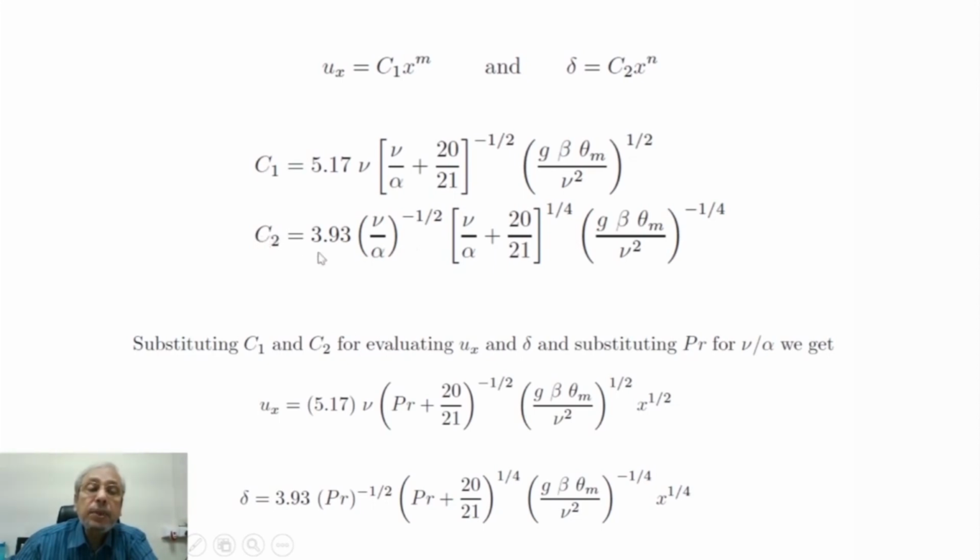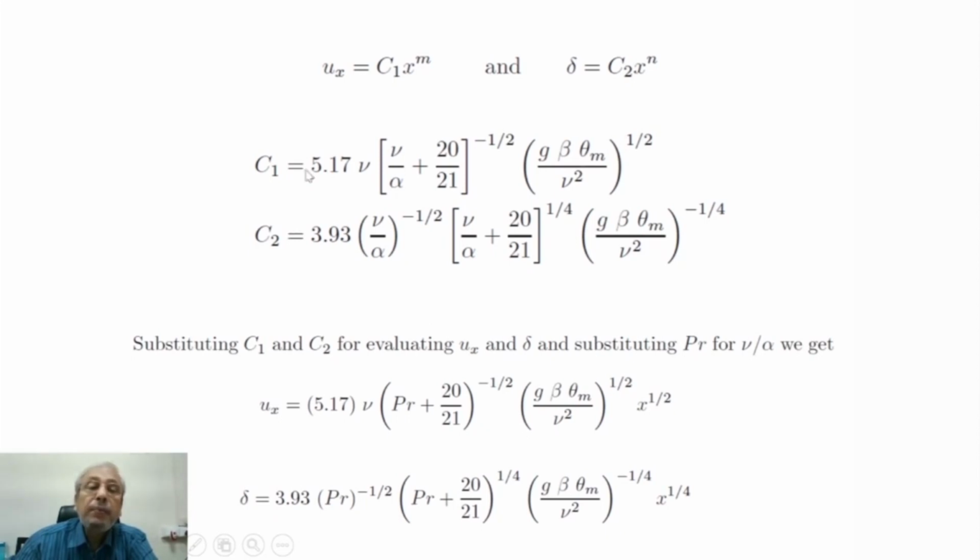And C2 is 3.93 nu by alpha to the power minus half, then again nu by alpha plus 20 by 21 to the power 1 by 4, and g beta theta m by nu square to the power minus 1 by 4.